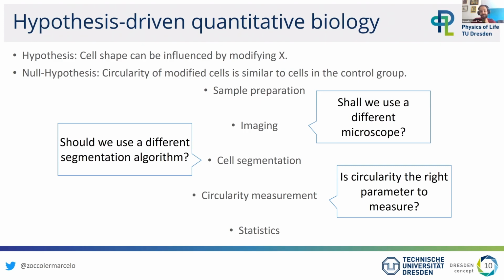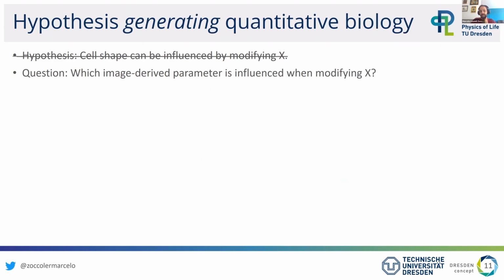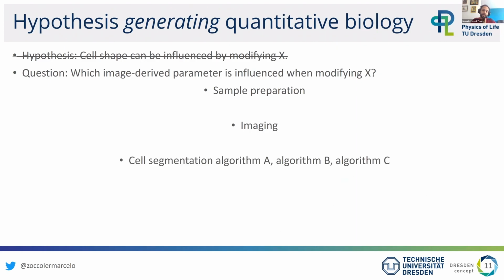And then the idea here is, maybe we start this question differently. So we could ask, which image-derived parameters are influenced when I change X? So we do not assume it's going to be shape necessarily. Then you could also do your sample preparation and imaging.